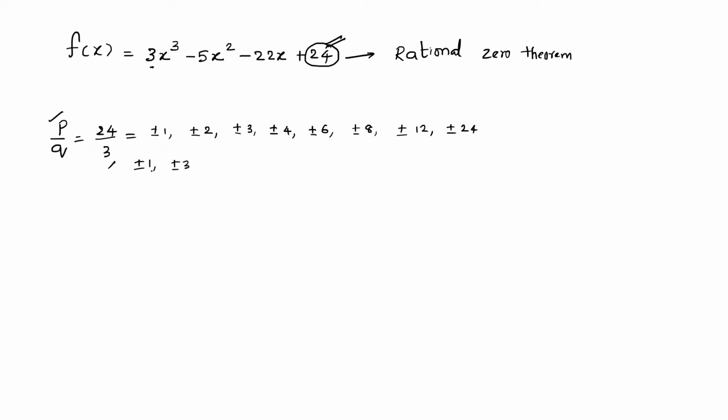So when we divide p by q, the possible solutions are plus or minus 1 by 1, 2 by 1, 3 by 1, 4 by 1.